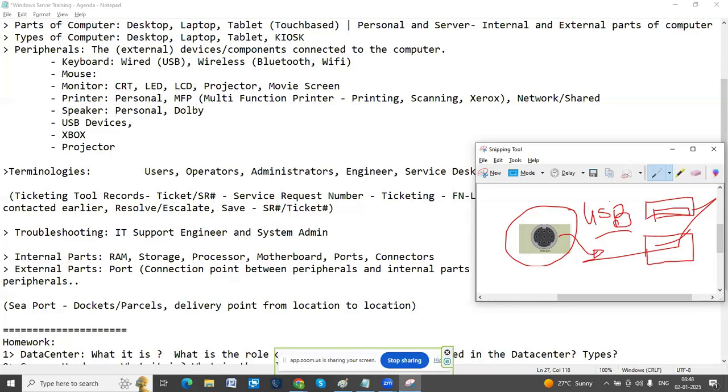One of the ports is the serial port, USB port, parallel port. Where is it used? Parallel port is used in printers, personal printers. We are also using parallel ports and serial ports in server hardware. That server hardware is called a physical box.